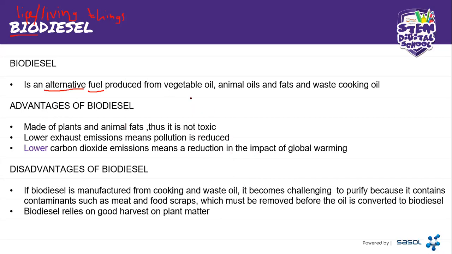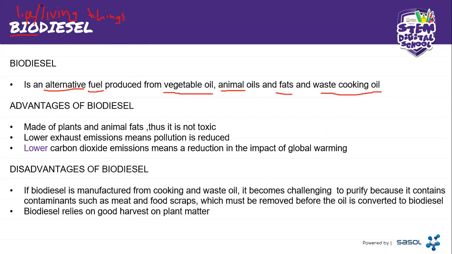And biodiesel is produced from vegetable oils, animal oils and fats, as well as waste cooking oil. That is why, my dear learners, it's not just diesel, it's biodiesel, because we actually use living things to make biodiesel.